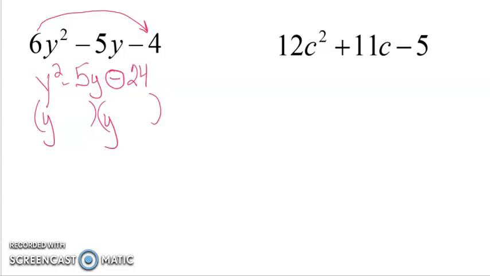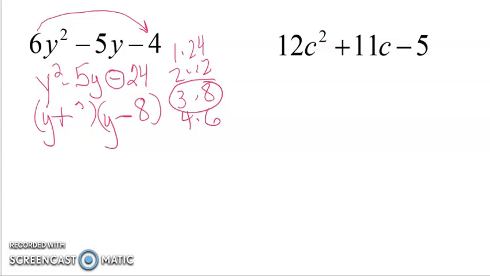Our signs are different this time, and we want factors of 24 that will subtract. Because we have different signs, we're going to subtract them to give us 5. Alright, 3 minus 8 is 5. Now we need a negative 5, which means my 8 has to go in with the negative.